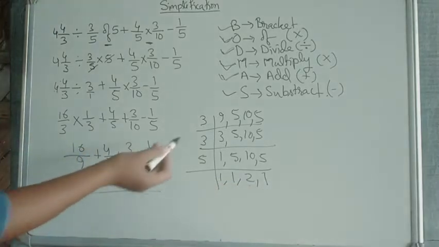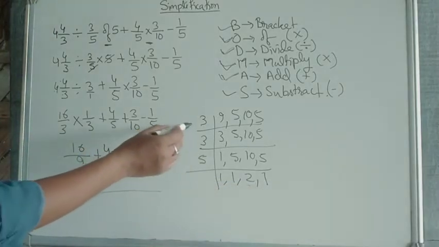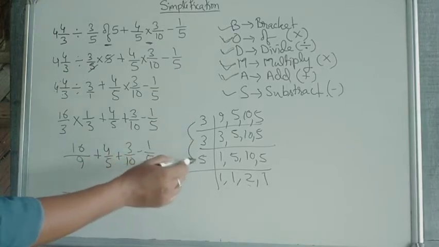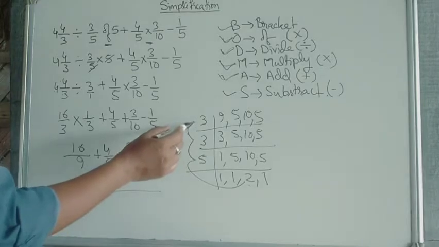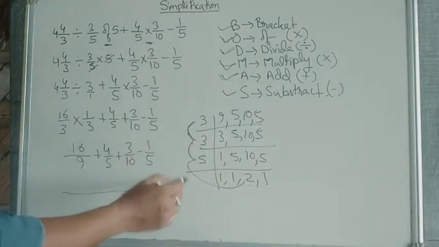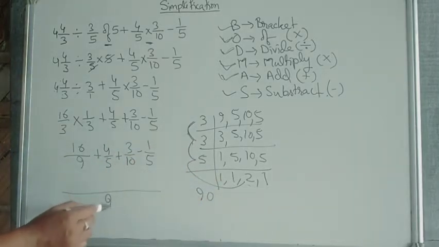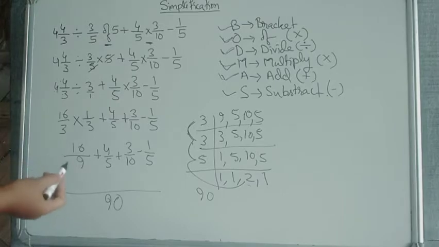So this is the ending of the LCM. So your LCM will be 3 threes are 9, 9 and 5 twos are 10, 9 tens are 90. So the LCM becomes 90.